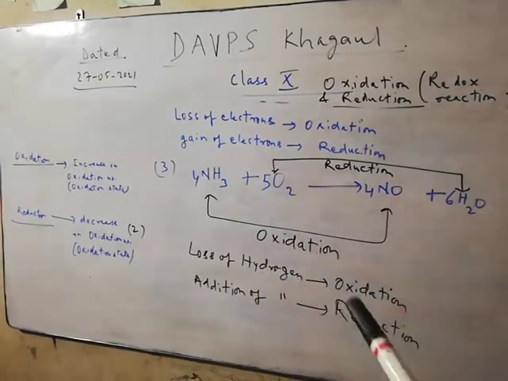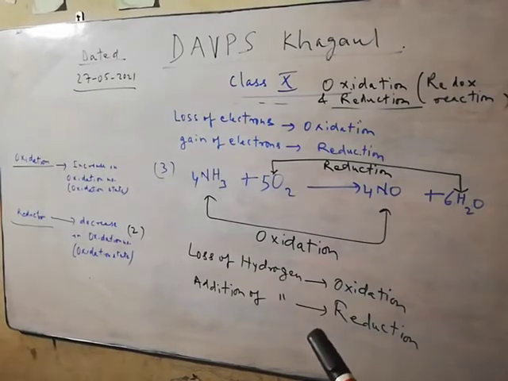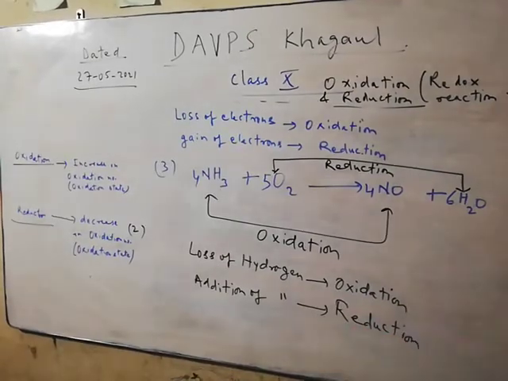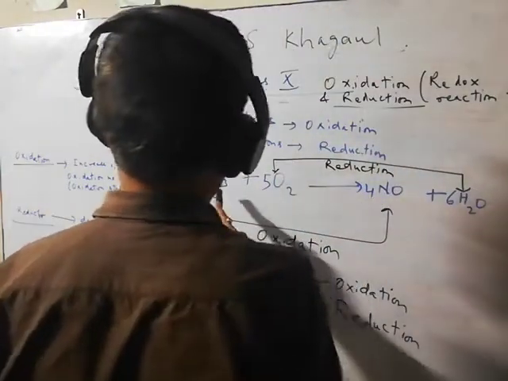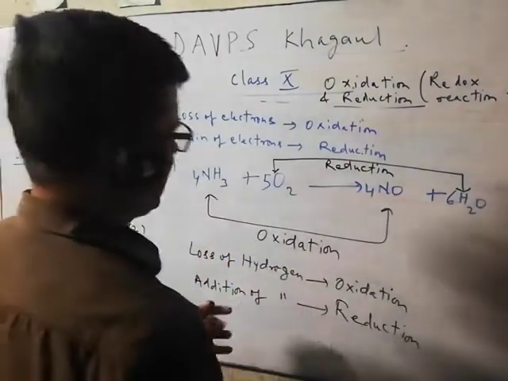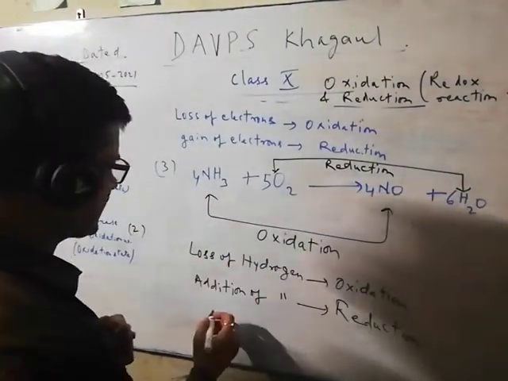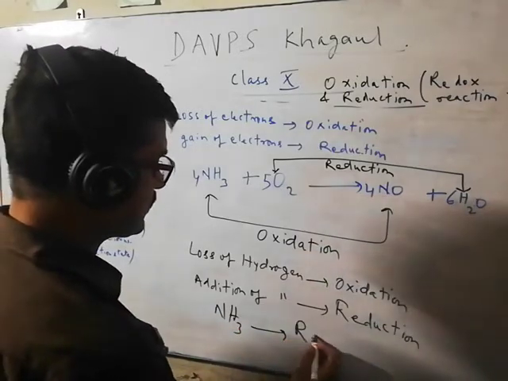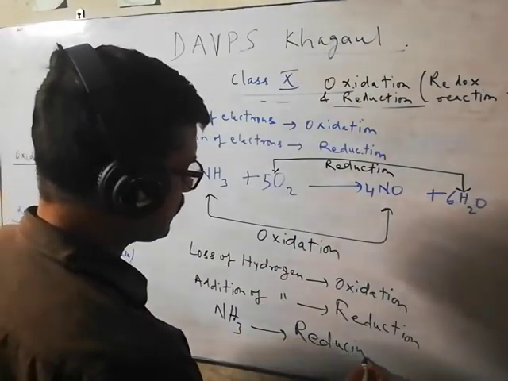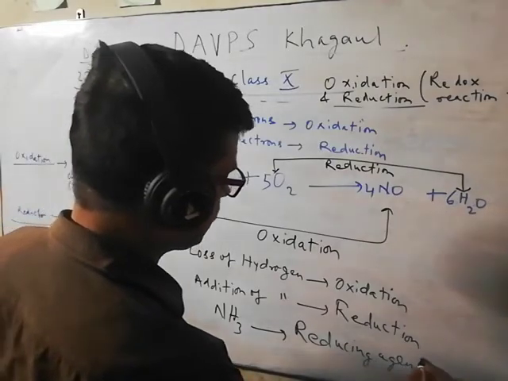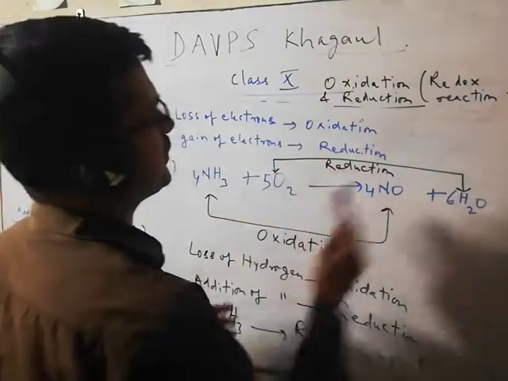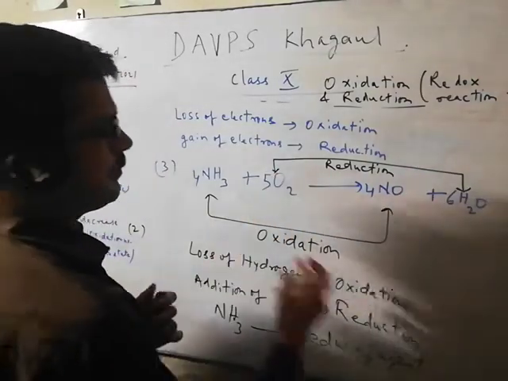Now you can decide which is the oxidizing agent and which is the reducing agent. It is not difficult. Ammonia is being oxidized, so it is the reducing agent. Here O2 is being reduced, so O2 is the oxidizing agent.